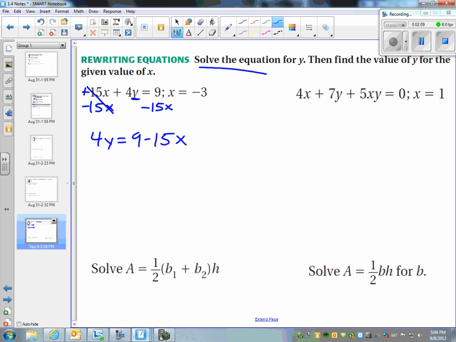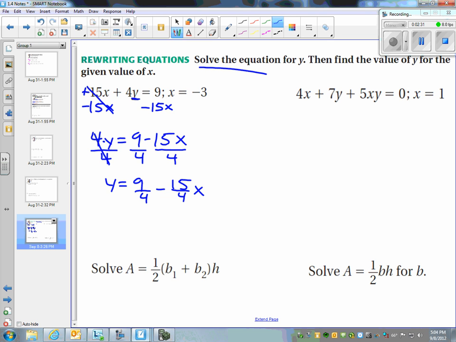Now we're at 4 times y equals 9 minus 15x. To get rid of a 4 times, you divide. But when we divide by 4, we want to divide everything by 4. So y equals 9 over 4 minus 15 over 4 times x.